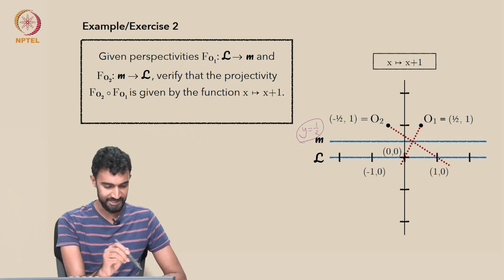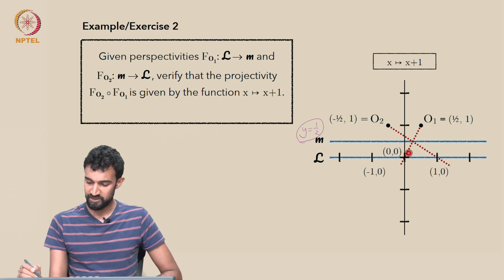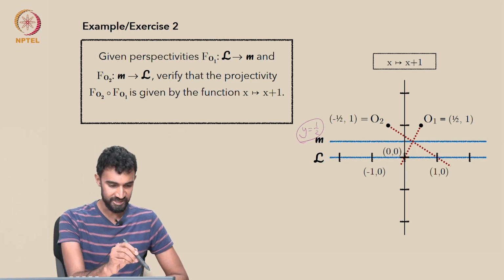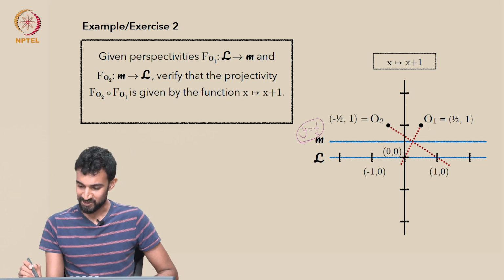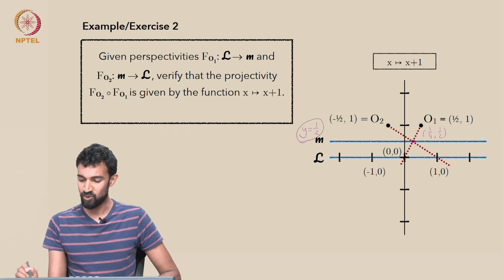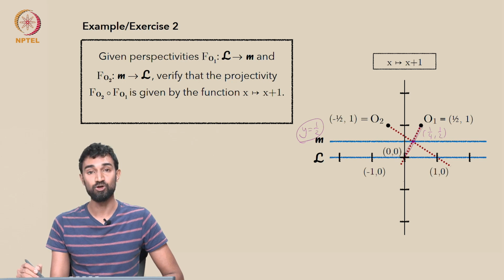So what is O1 doing? Well, it's pulling 0, 0 up to this point. What is that point? Well, it's actually 1/4, 1/2. You can work that out because O1 is at 1/2, 1. This is a line with slope 2.